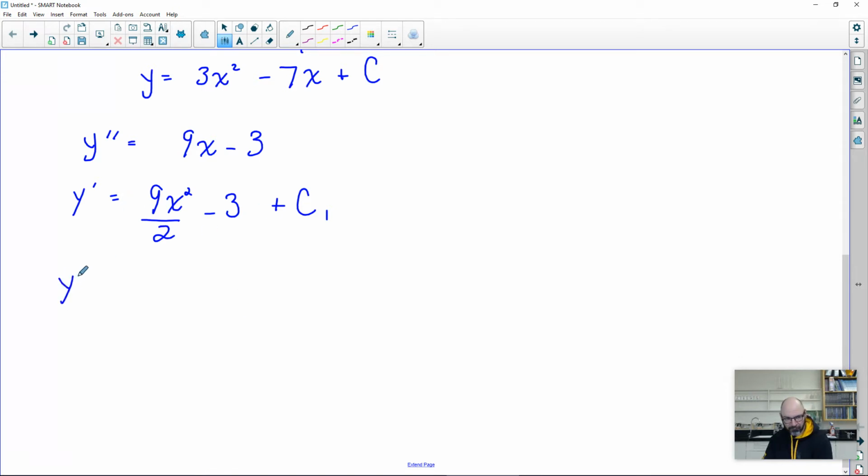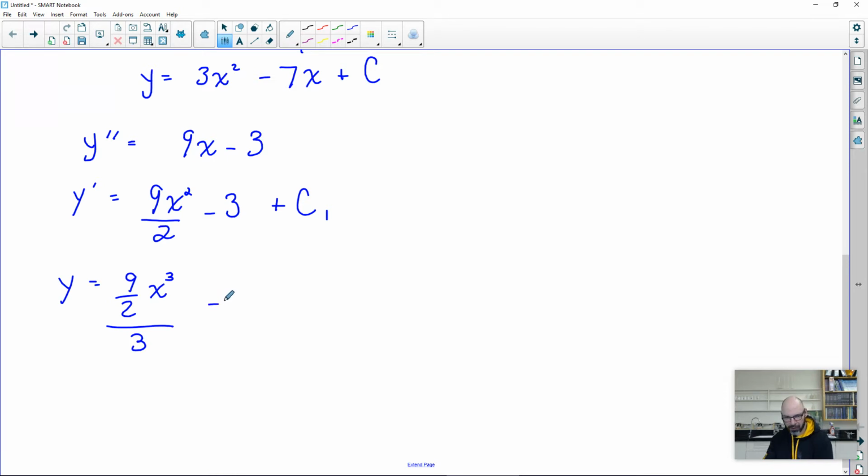So y will equal, we're going to take 9 over 2, and then we're going to go x to the 3, and then we're going to divide that by 3 this time.